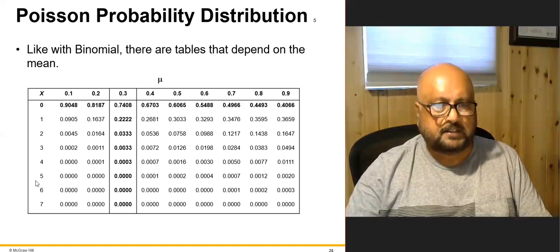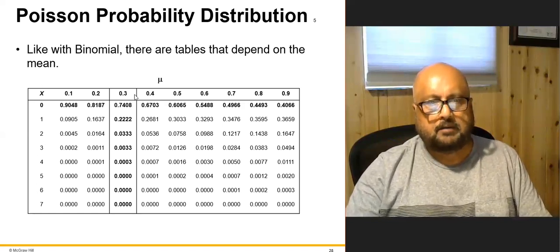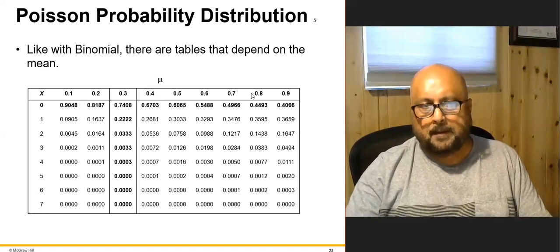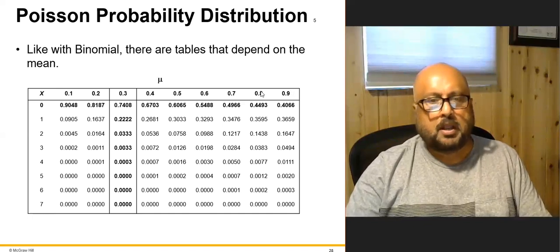So for various x's, we have various values of mu, and we can simply locate the cell that refers to our combination of x and mu, and that is our value for that probability.